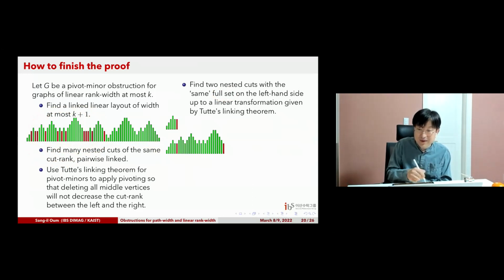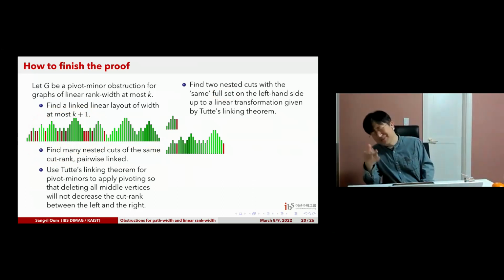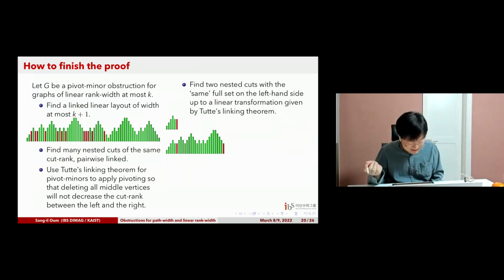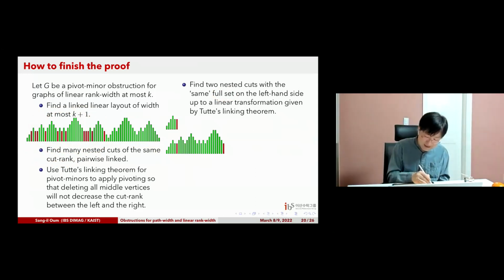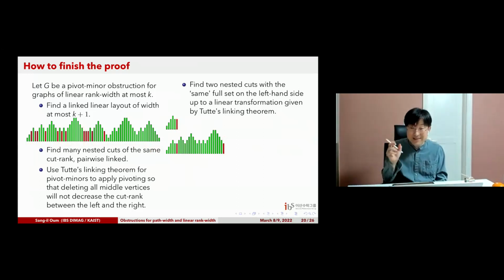The number of possible distinct full sets is constant, but there are too many cuts. So by the pigeonhole principle, there will be two red cuts such that the algorithm will have exactly the same status, exactly the same full set here and there.